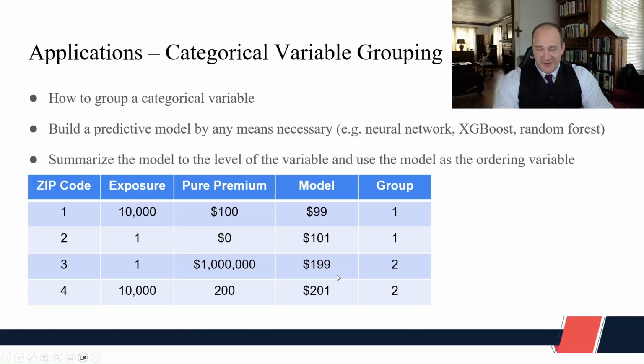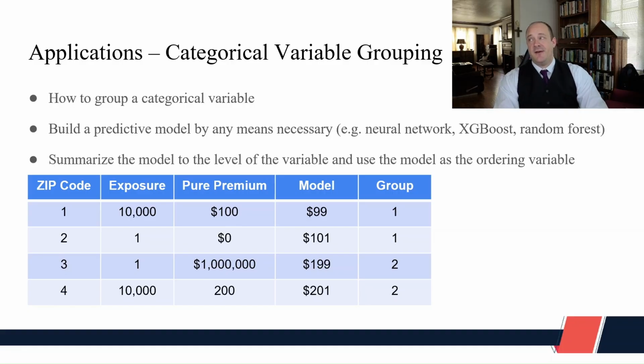How would you do this in this particular case of zip codes? Well, you could build a model using geodemographic variables. There's all sorts of data sets that have geodemographic variables in them. You use those variables to model your phenomena of interest, and that gives rise to a model, which then gives rise to an ordering of the values of the zip code, which then allows you to group the zip codes in terms of increasing pure premium. Same thing at the county level.